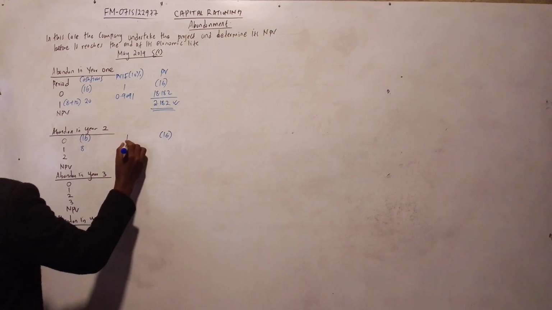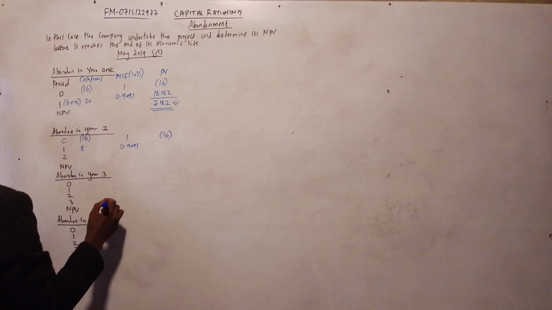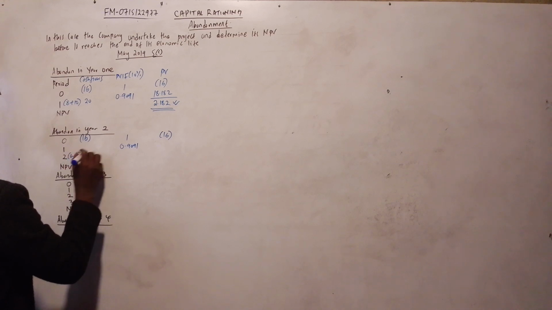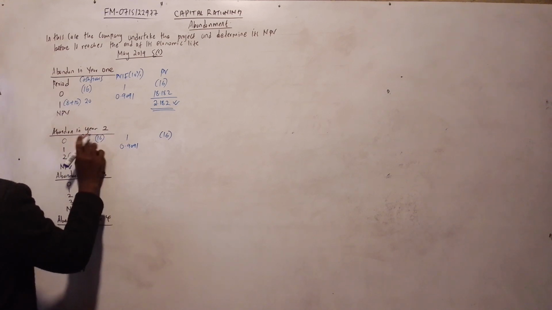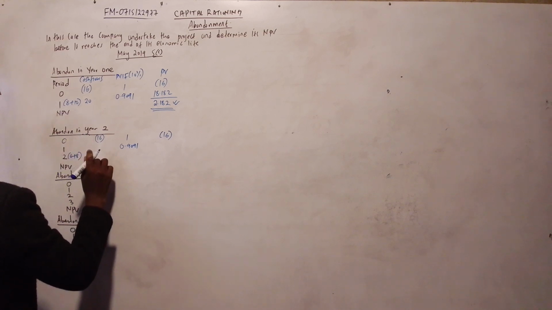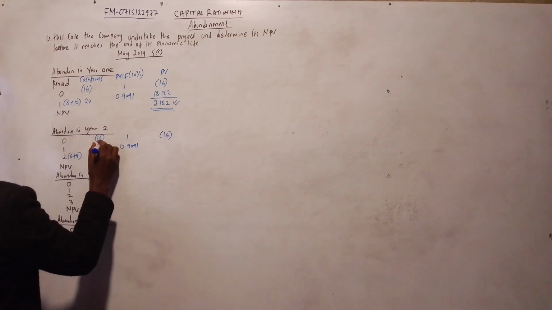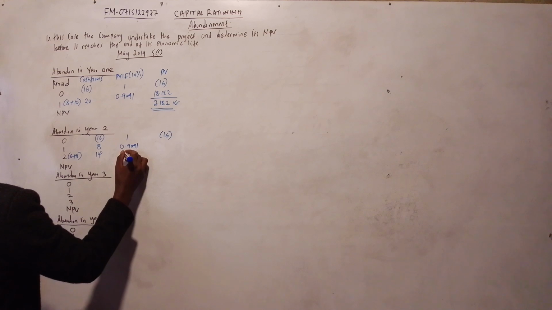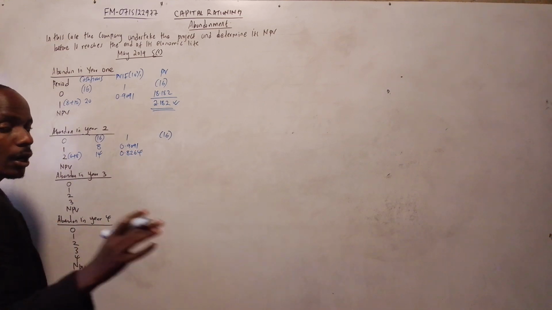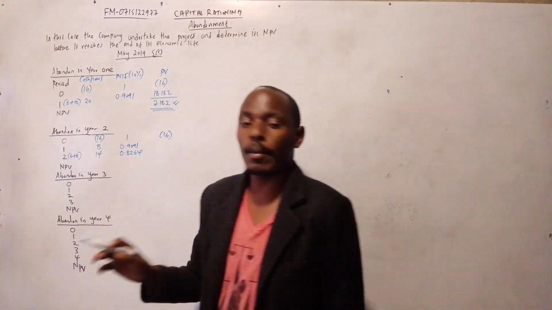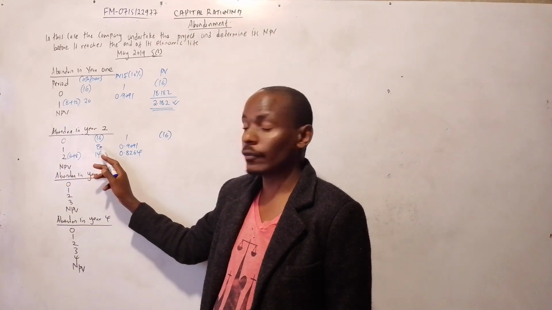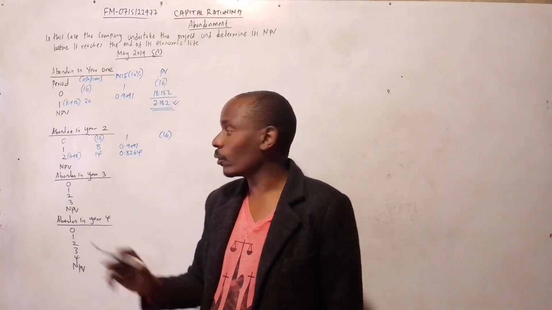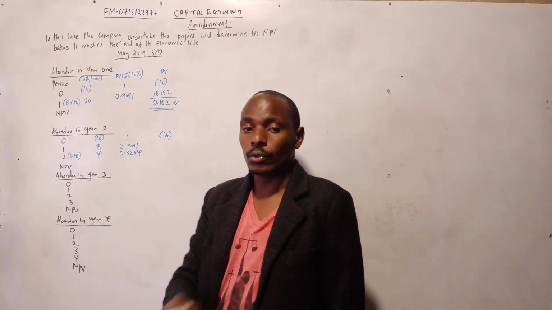But for year 2 it is 6 plus 8, which is 14. Remember, when you are not abandoning, you take the cash flow without the abandonment value, but in year 2 we assume we are abandoning, so you take the cash flow with the abandonment value: 6 plus 8, 14.